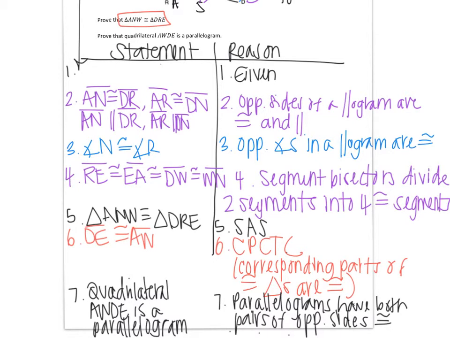So again, if we can get both pairs of those opposite sides of a figure congruent, then it must be a parallelogram.